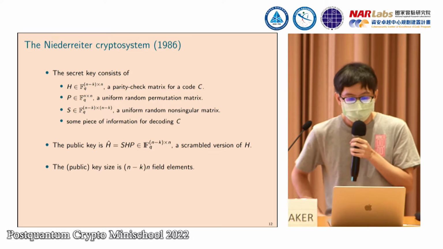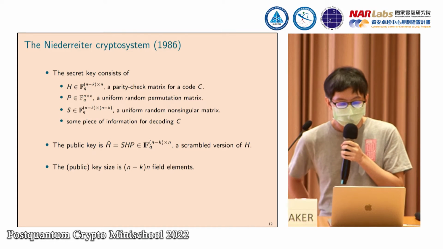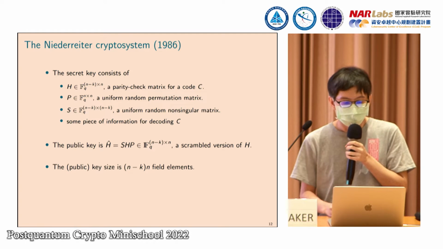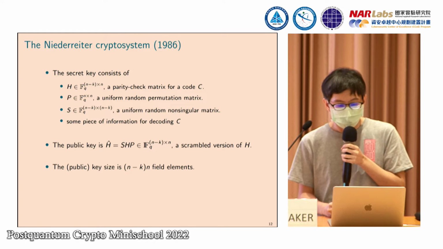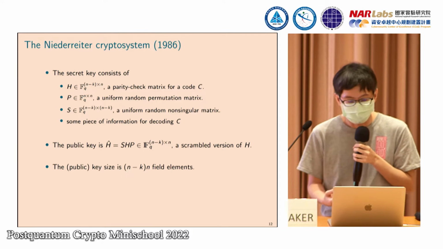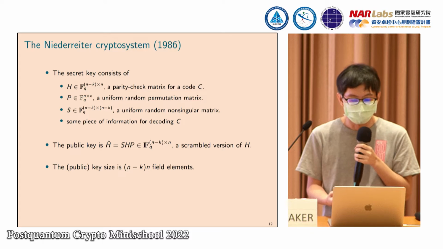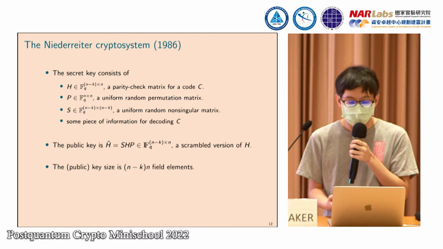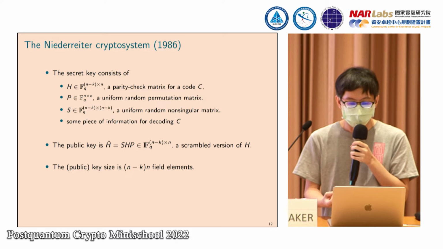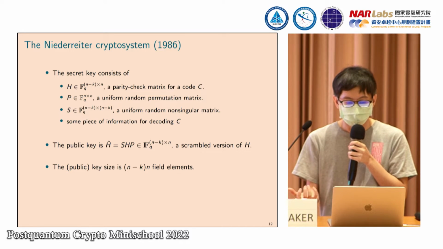Here's another very famous code-based cryptosystem. This is the Niederreiter cryptosystem. As you can see, everything in the Niederreiter cryptosystem is very similar to McEliece. It's just that we start with a parity check matrix H for the code.